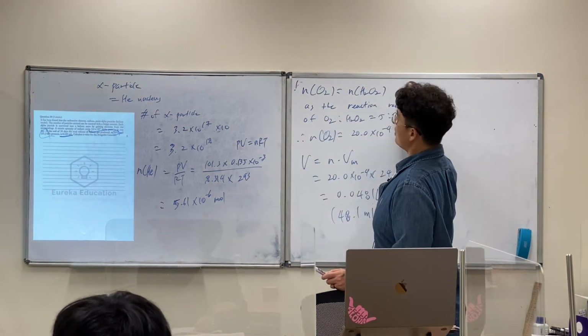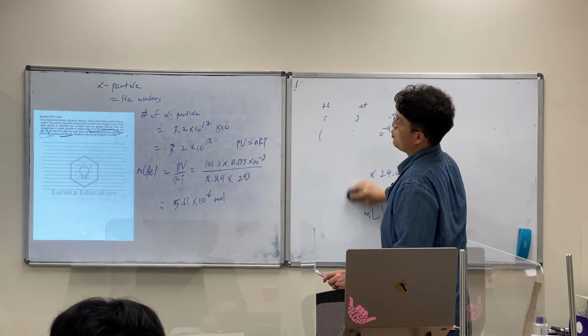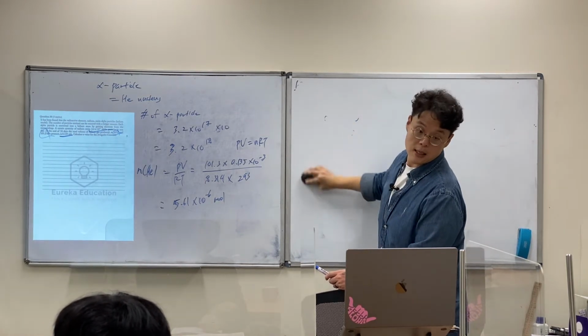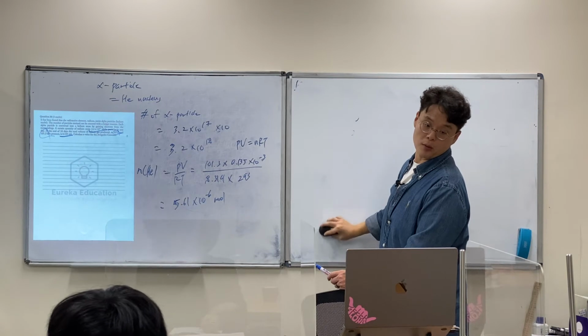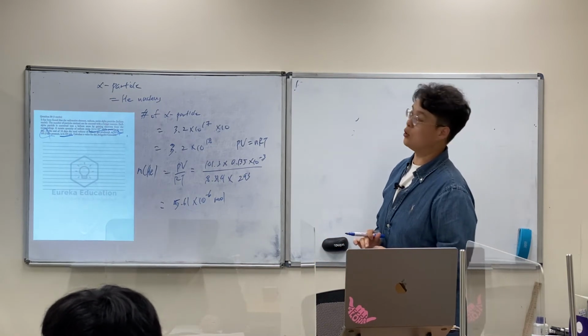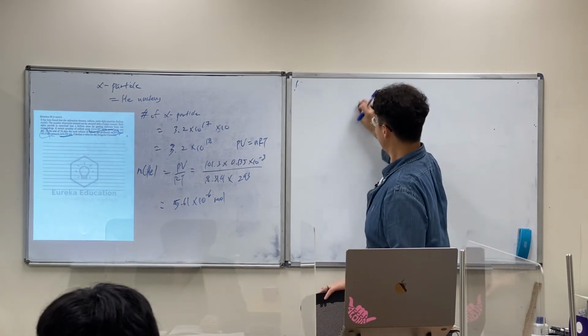So they want to know, from the given alpha particle count, which is 3.2 times 10 to the power 18, how many alpha particles there will be in 1 mole. This is kind of tricky.